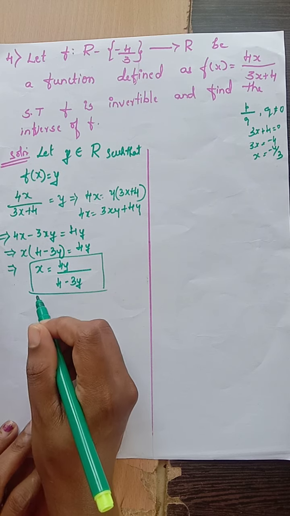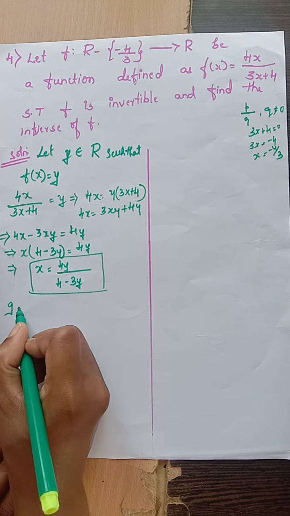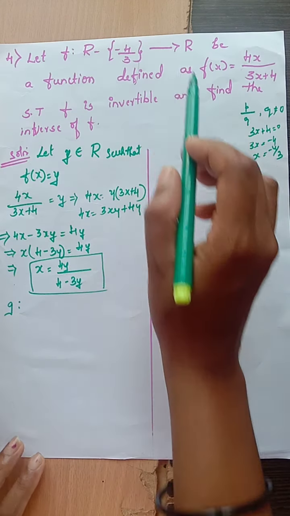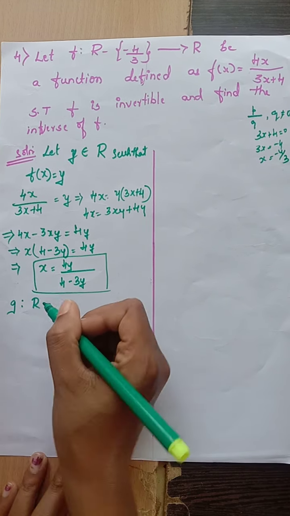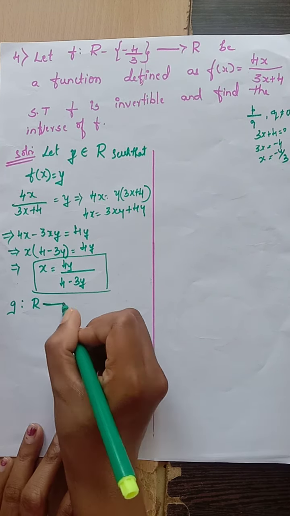Now what is our next step? We have to define g. So g should be defined from R to R, because if you take any real number as y, you won't get the denominator 0.